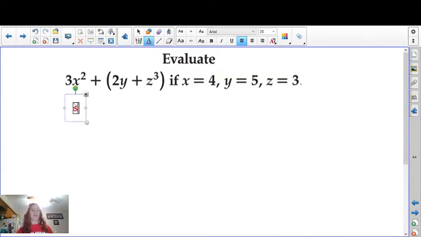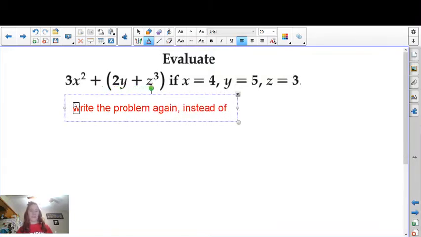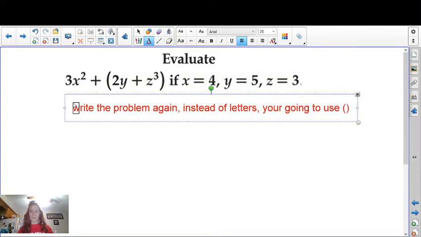So you're probably wondering, how on earth am I going to start this? What you're going to do is write the problem again, but instead of letters or variables, you're going to use parentheses. Every time you see a letter, you are going to use a set of parentheses.